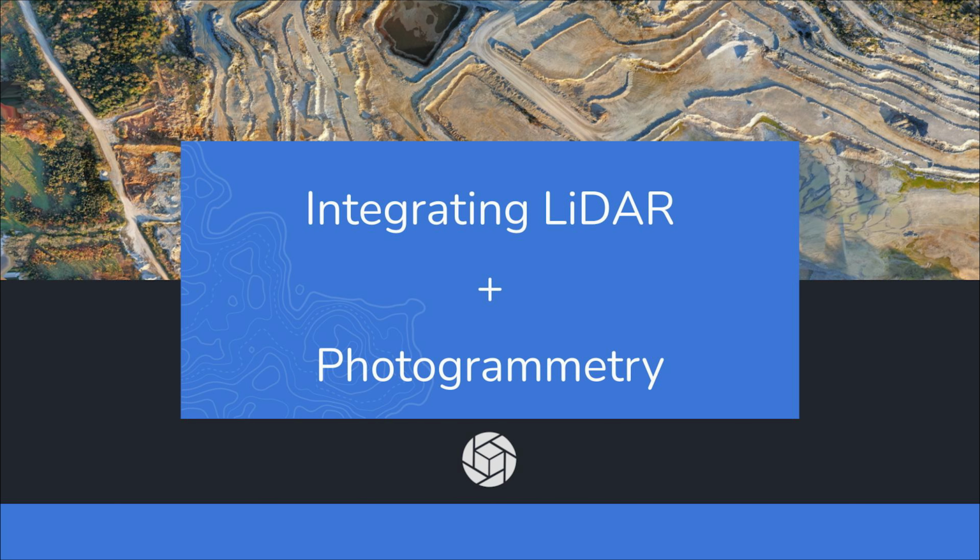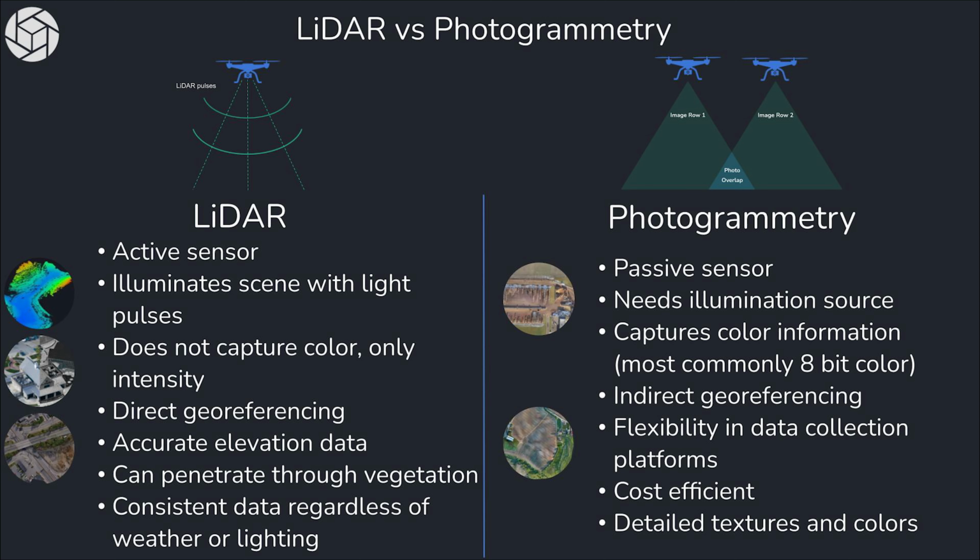All right, so today it's about integrating LiDAR with photogrammetry. Hopefully by now I don't need to pontificate about the differences between photogrammetry and LiDAR after 3 days of rigorous discussion. But the biggest thing I want to call out in this slide is that with LiDAR, we're typically talking about direct georeferencing and consistent data regardless of weather, lighting, vegetation.